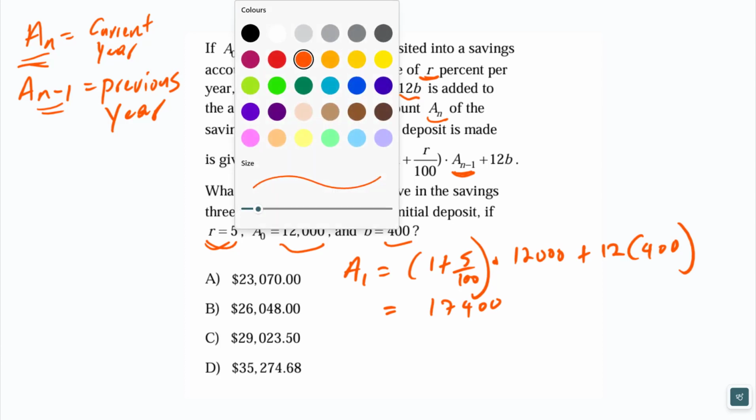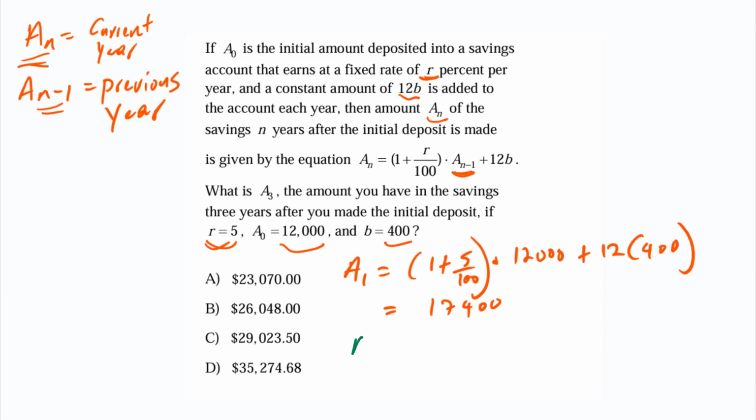Now I need to find my A2. To find my A2, I'm going to do the same thing again. So this is going to be 1 plus 5 over 100. Notice again, my initial amount was given to be 12,000, but in this case, because I have A1 and this is A2, I'm going to put A1 here. So this is going to be 17400 because I'm defining it recursively.